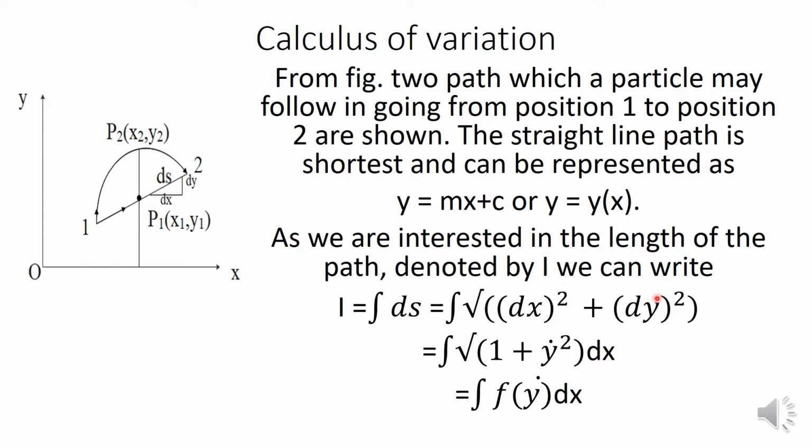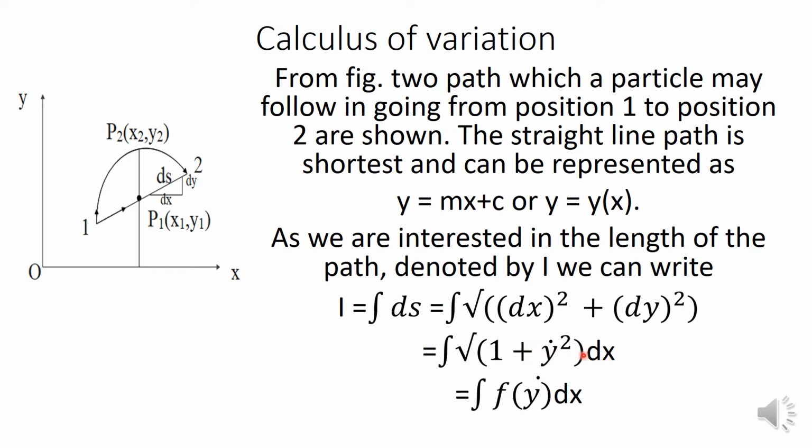Now from this, if you take dx square common out of the square root, then we write square root of 1 plus y dot square, into dx. Here y dot is equal to dy by dx. That means this is a function of y dot.